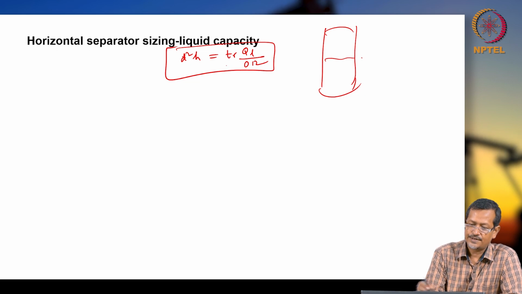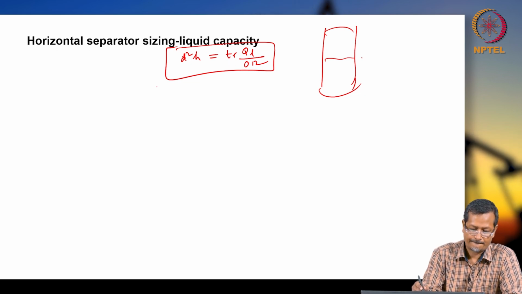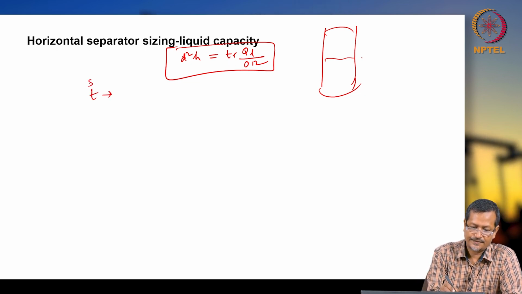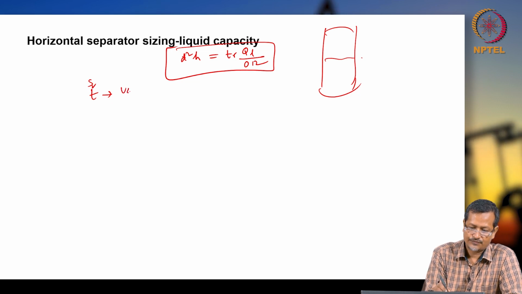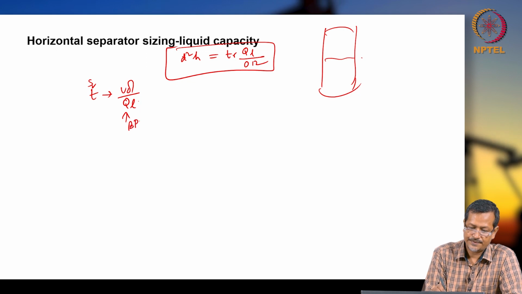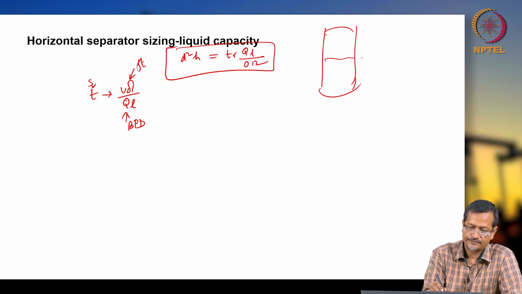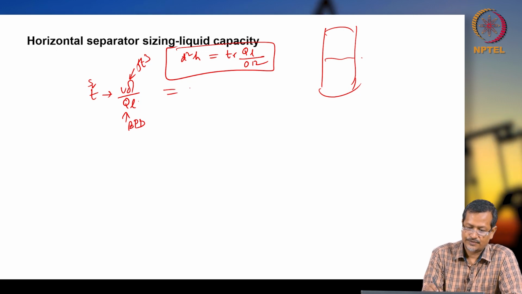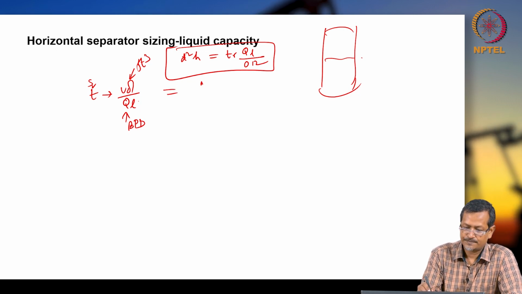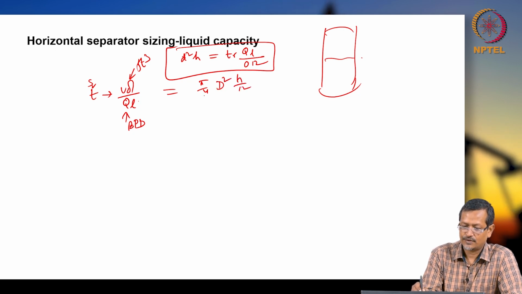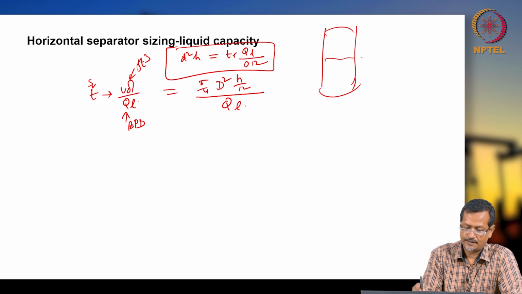T in seconds is volume divided by QL. This is BPD. Volume in cubic feet is pi by 4 d square H by 12, divided by QL.